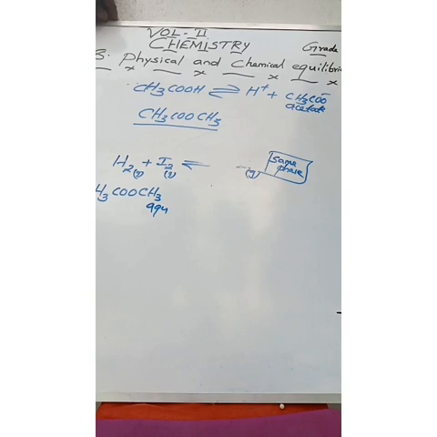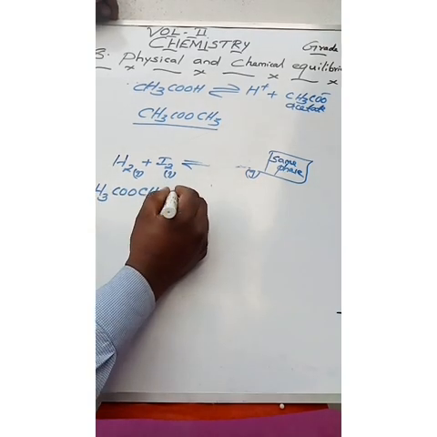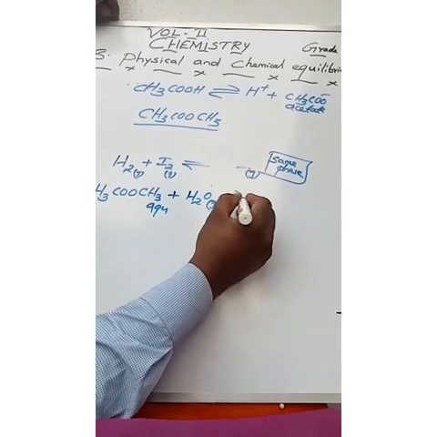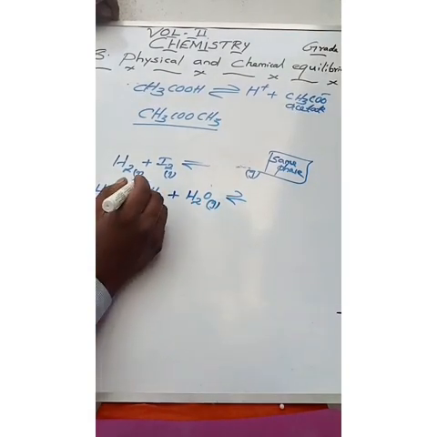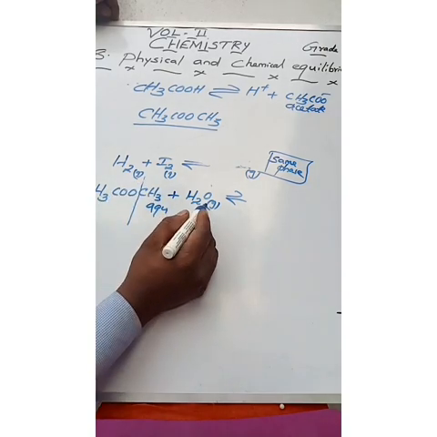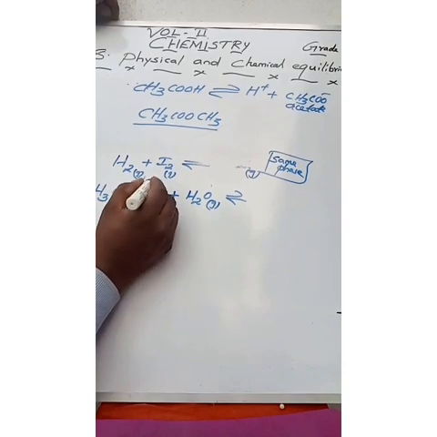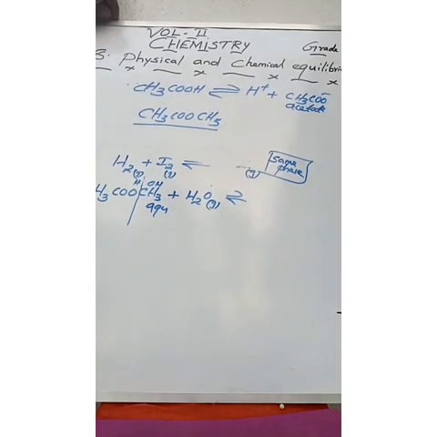It reacts with water, also H2O in the aqueous state, in both the forward and backward reaction, and we get the product acetic acid. So how will you get the acetic acid? Here the water molecule I am going to write as HOH. Am I right? Yes or no?